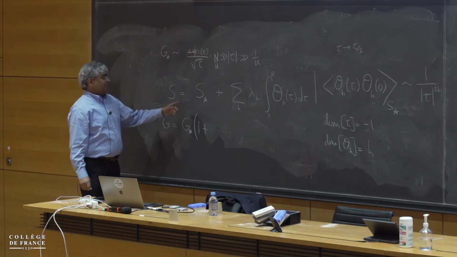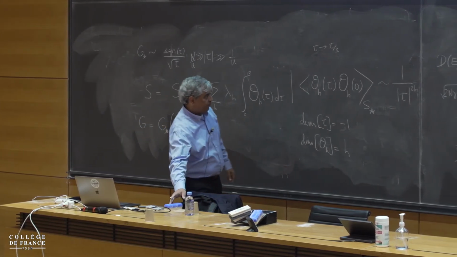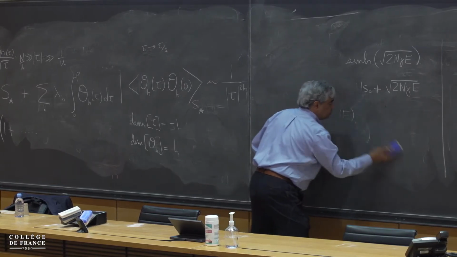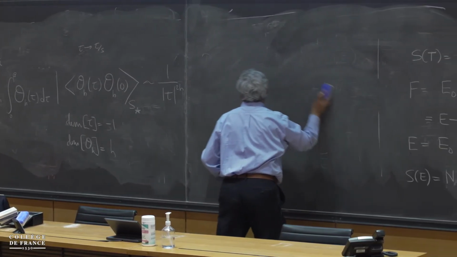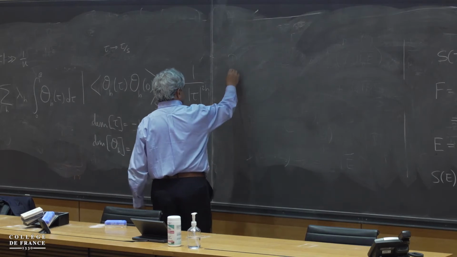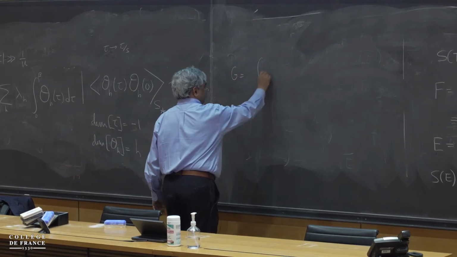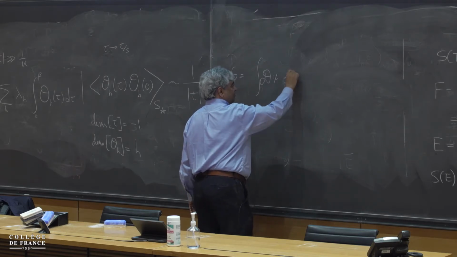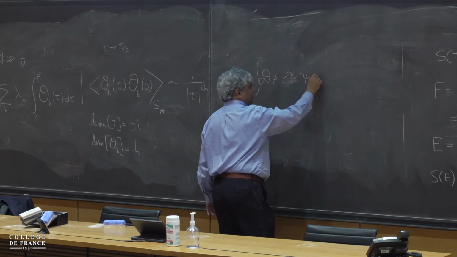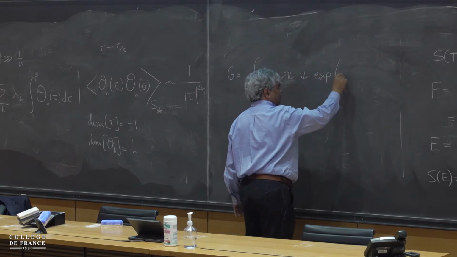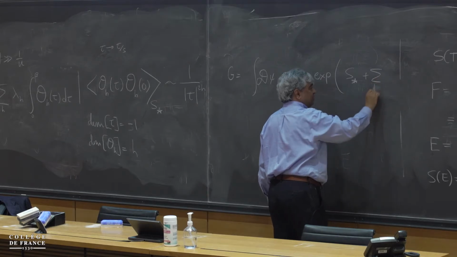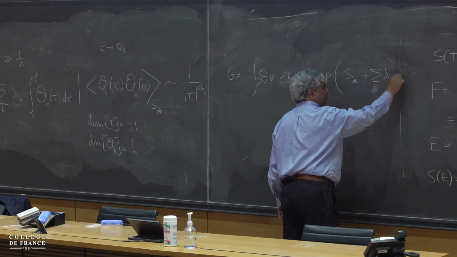So what I do is I take my original Green's function, which is G, schematically there's some integral over psi. You have a psi over here. And you have the exponential of S star plus the sum over h of lambda h, O_h.